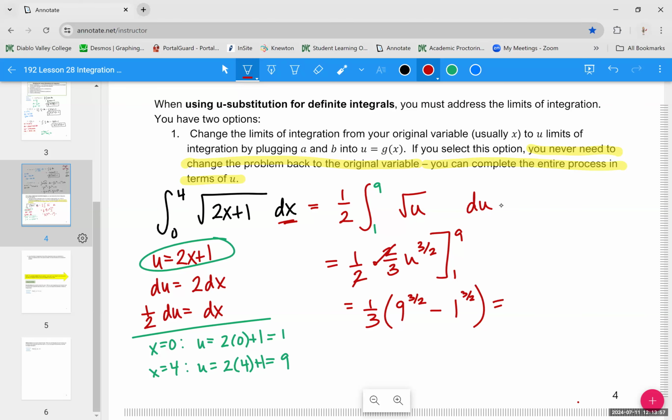Remember, to the 3 halves power means take the square root and then cube it. So that would be 27 and 1. So 1/3 times 27 minus 1, or 26/3. Like I said, I strongly, strongly, strongly recommend that you do it this way.